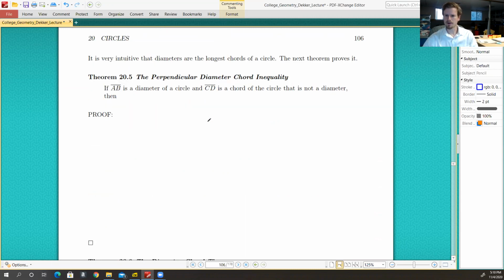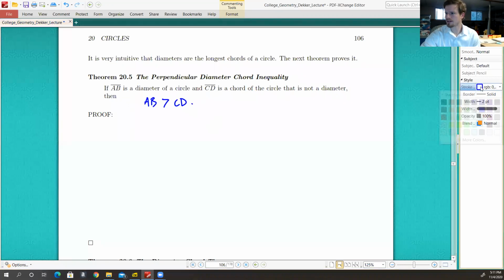And it's this theorem that says exactly that. If AB is the diameter of a circle and CD is any chord in the circle that is not a diameter, then the length of the line segment AB is longer than the length of the line segment CD.